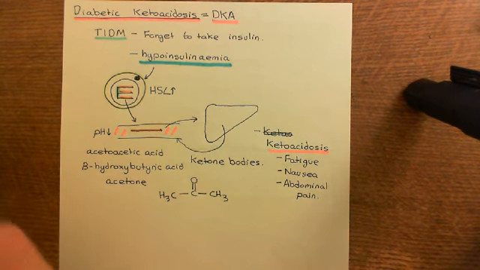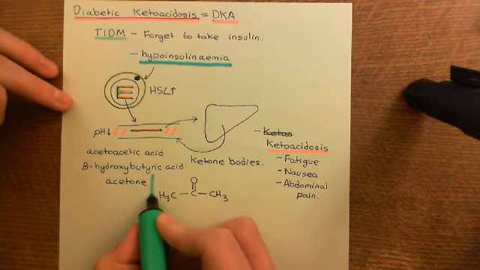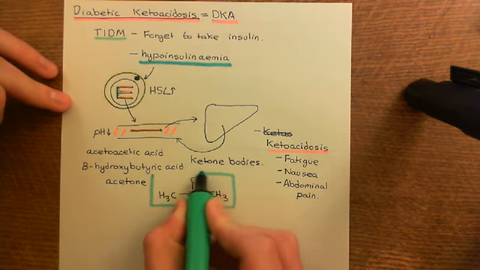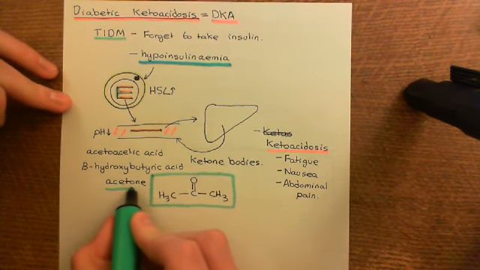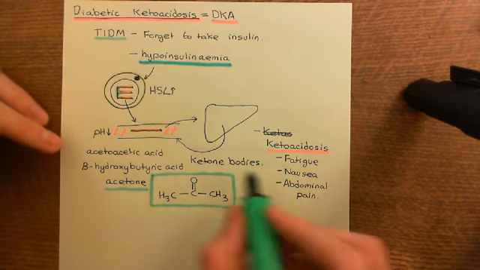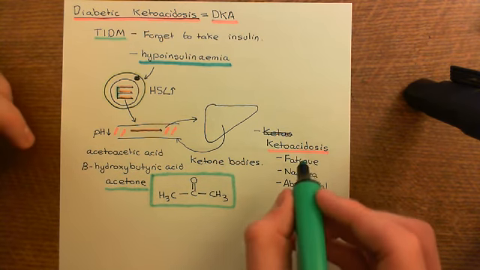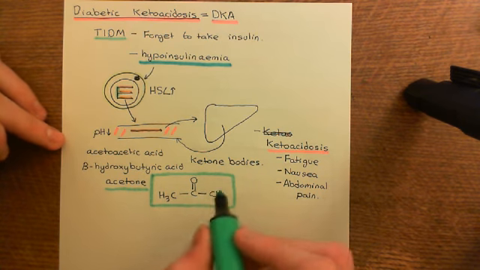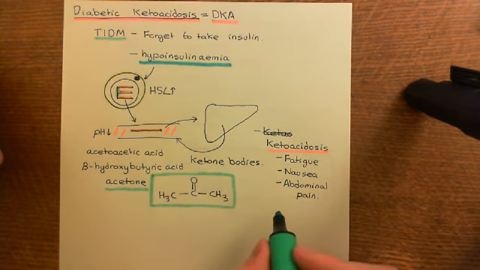Now this one isn't actually usable by the brain, but it's one that's produced whenever you produce the ketone bodies. Acetone is excreted on the breath. So when you breathe out, if you've got ketoacidosis, if you've got very high ketones within your blood, you'll have very high acetone within your blood, and therefore you're going to end up with acetone on your breath.